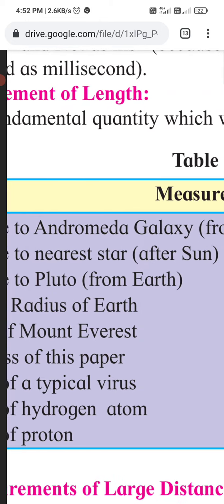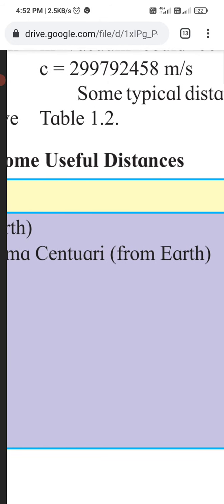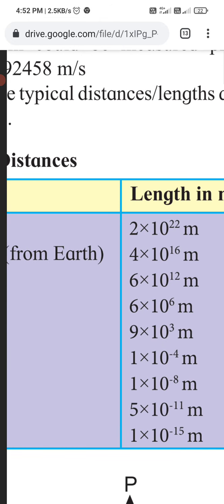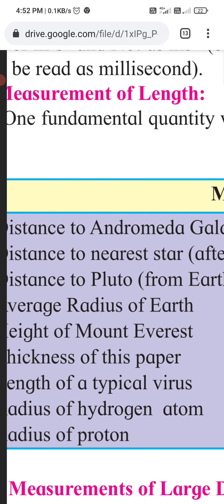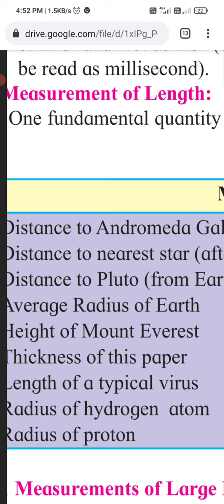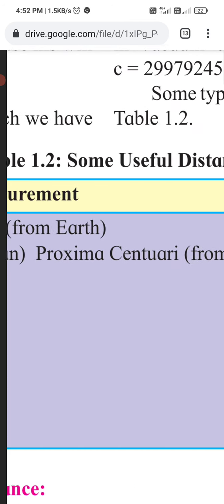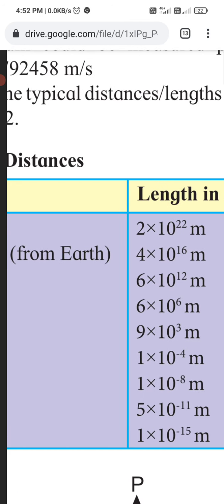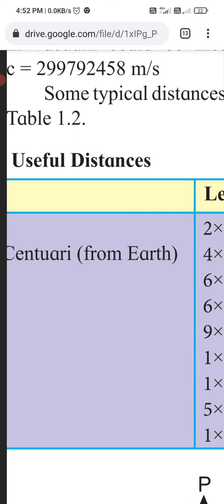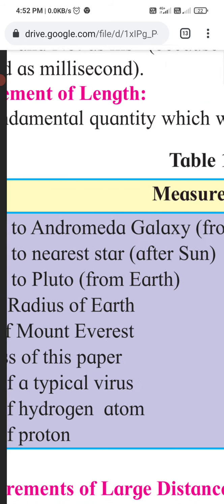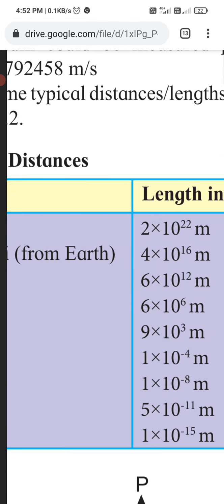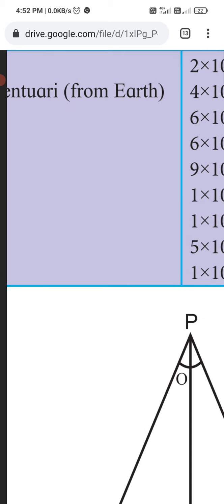Length of a typical virus is 1 × 10^-8 meter. Radius of a hydrogen atom is 5 × 10^-11 meter. And the last one, the radius of a proton, is 1 × 10^-15 meter.